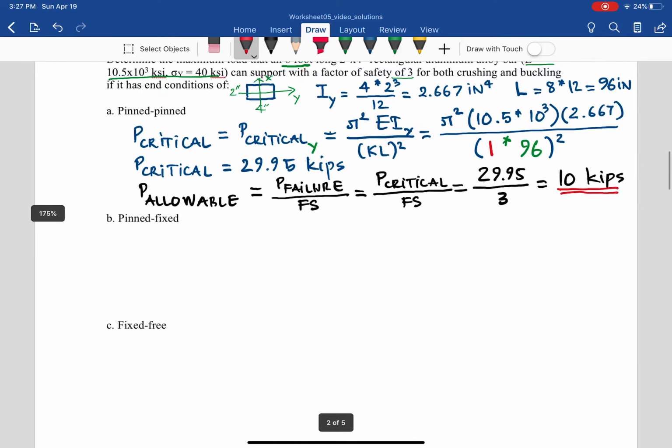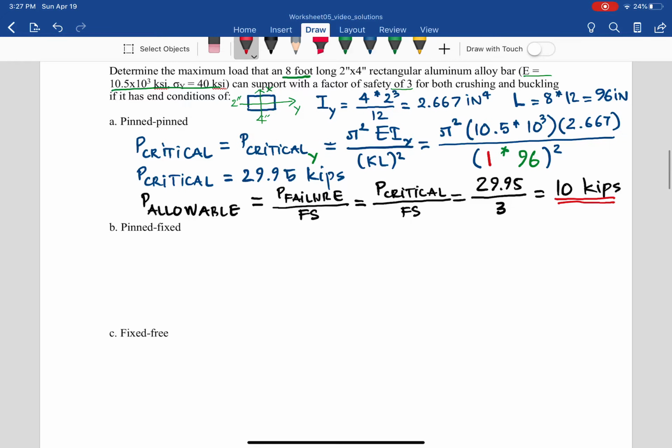And the next scenario is pin and fix, pin at one end and fix at the other end. Similarly, we can find P critical, again P critical in the Y direction, with the same equation.